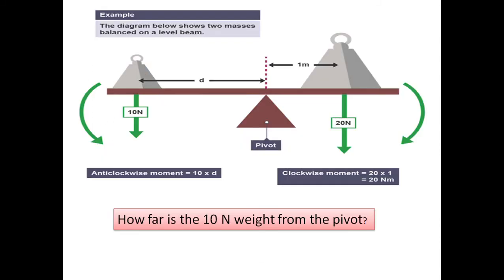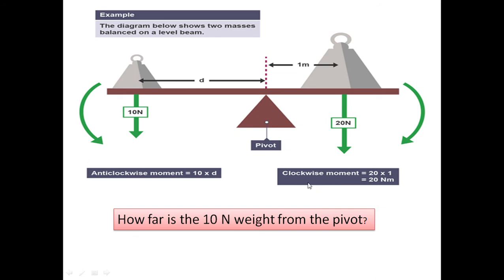Now another example. I have given you so many examples, then you will be able to answer the questions given in your textbook and in the past papers as well. Right, now you can see a bar again. A bar is balanced on a pivot shown here, and the weight of the left hand side force is 10 Newton and right hand side is 20 Newton. The distance is 1 meter.